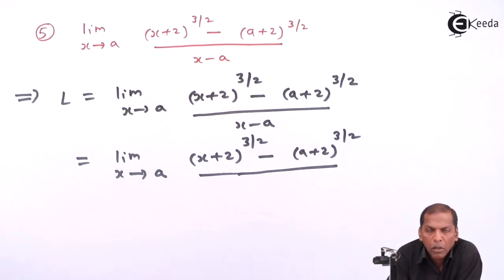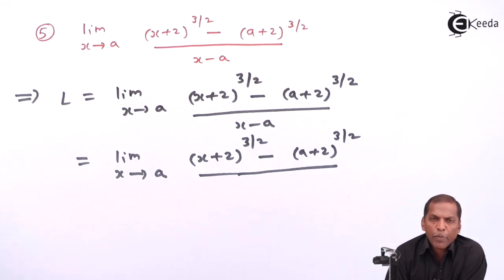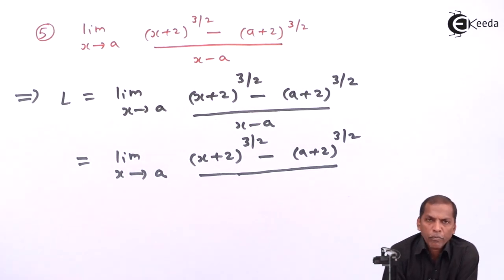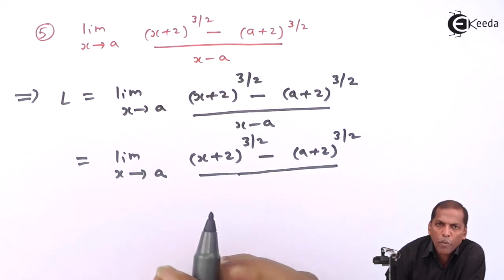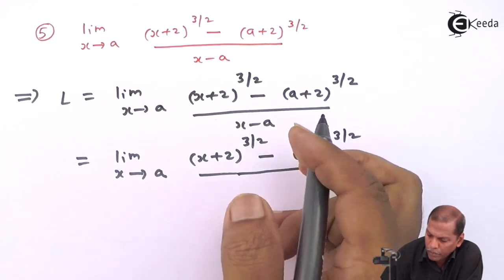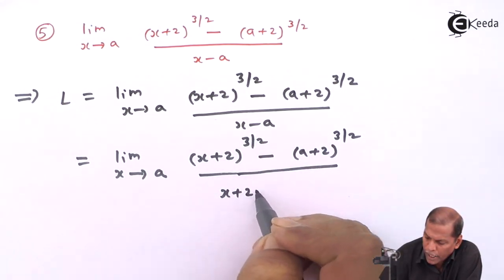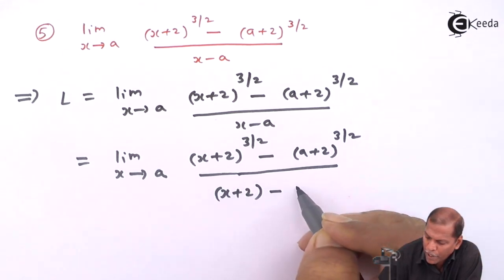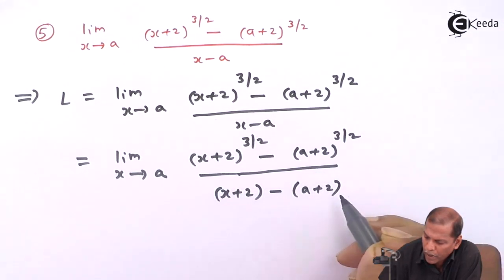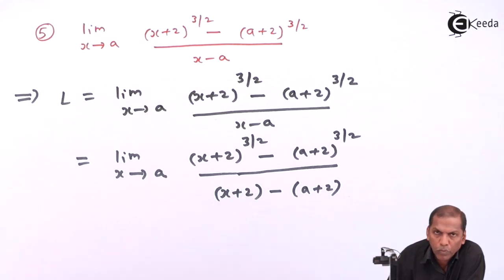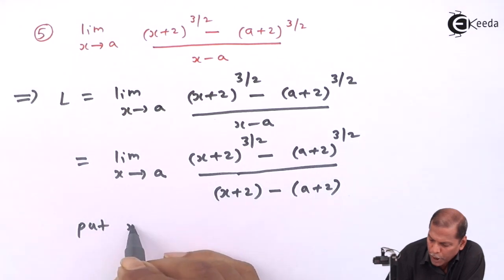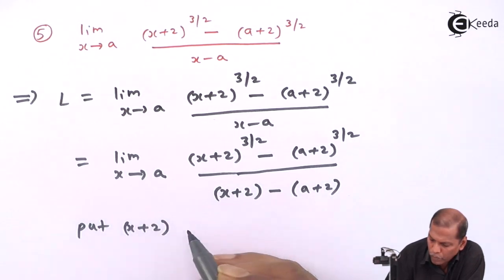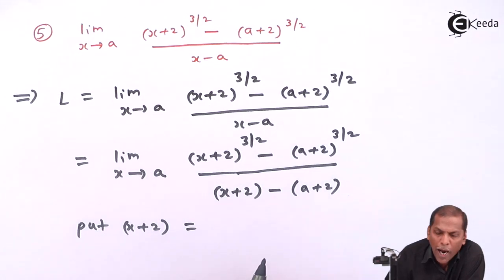Now here we have the terms which are present in the numerator that we have to adjust in the denominator. So in that case, the denominator can be written as x plus 2 minus in bracket a plus 2. Now here we put x plus 2 is equal to y square.